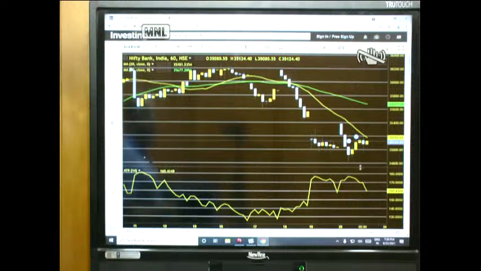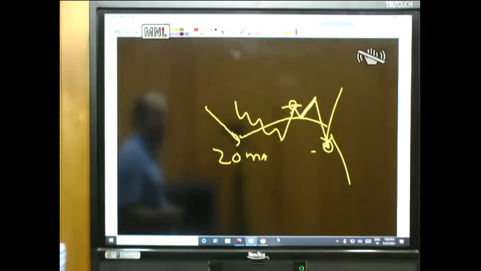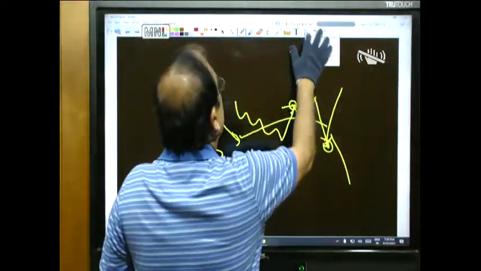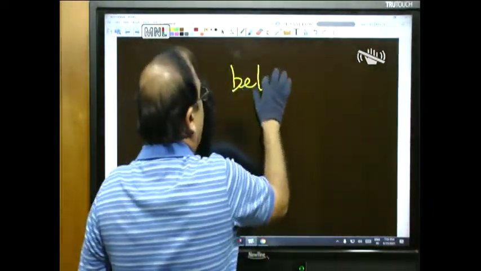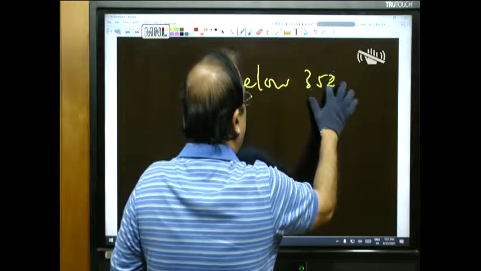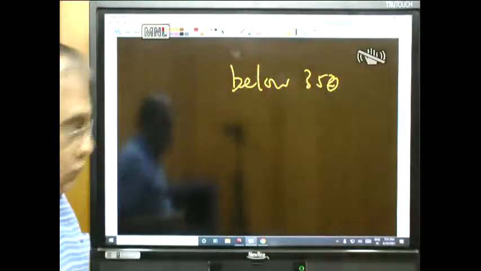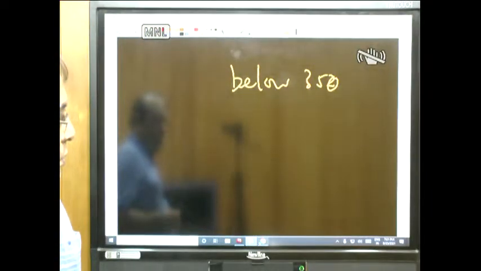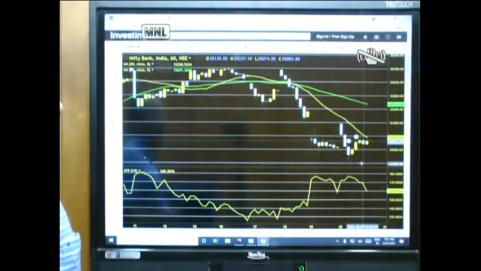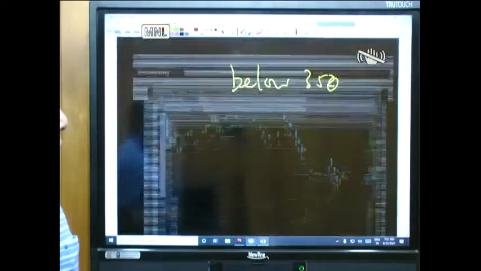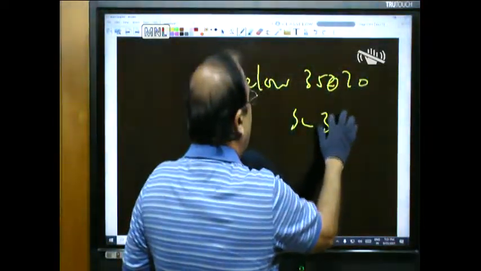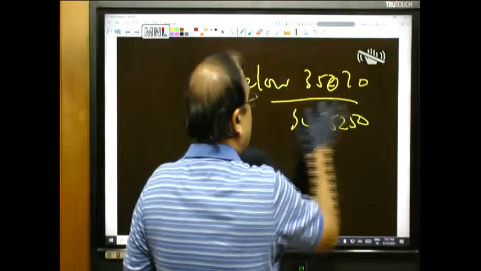So that means Bank Nifty, it is like this. On an intraday chart, it is like this. Below 35,070, stop loss comes 35,250 or so, right?